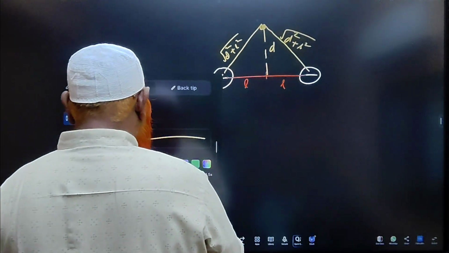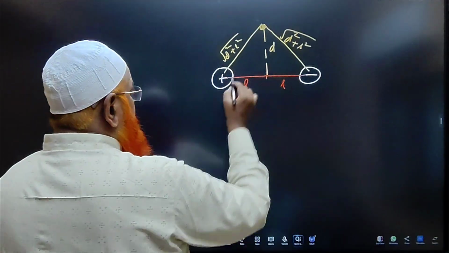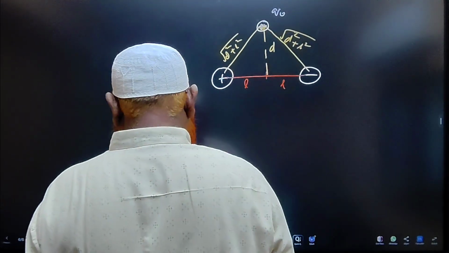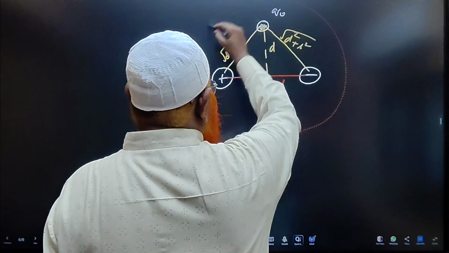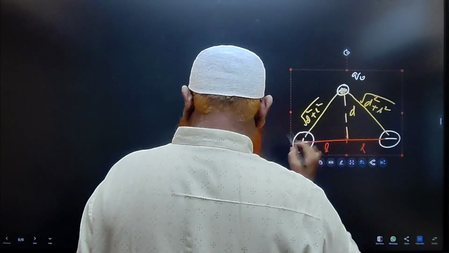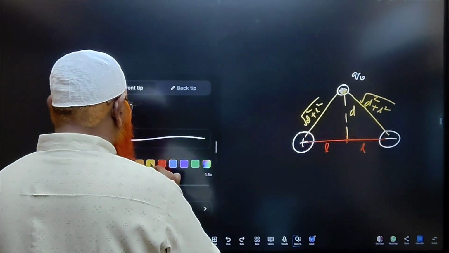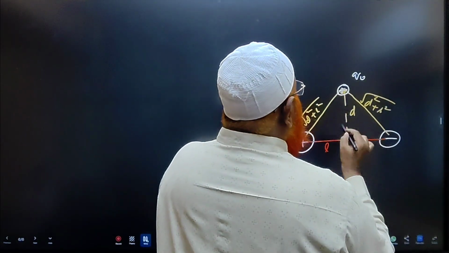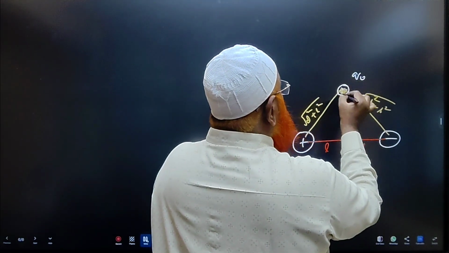If you keep a positive test charge here, which is taken as Q naught, what happens to this positive test charge? You see this positive test charge, and this is negative.